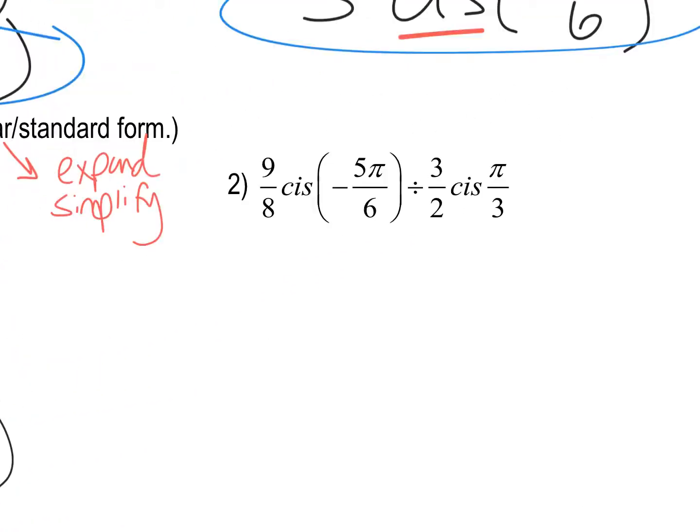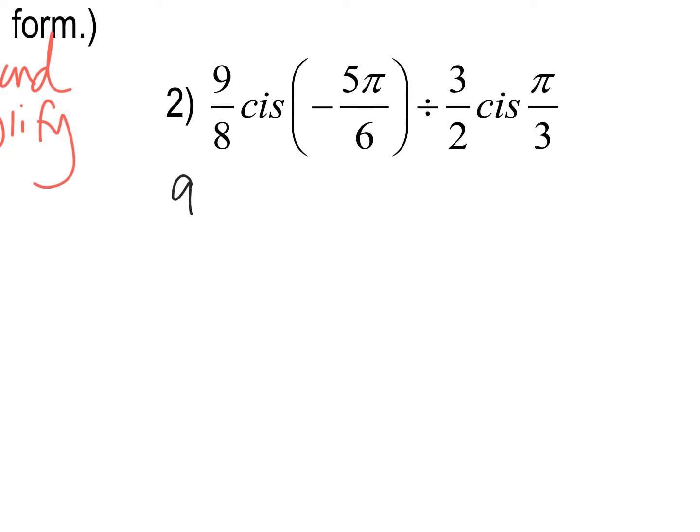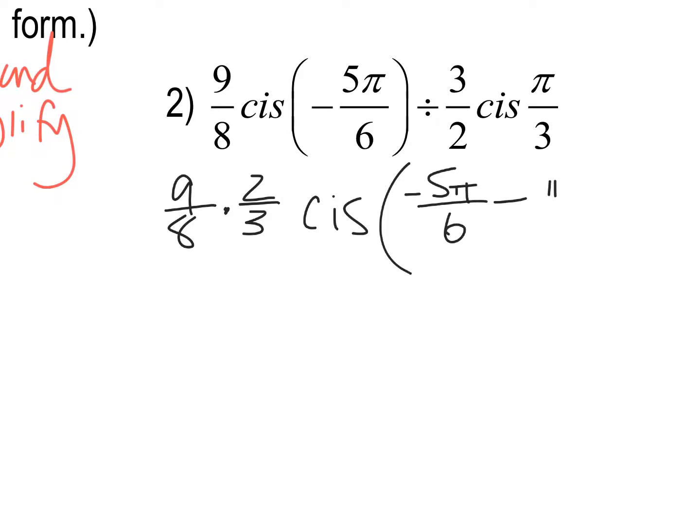It's another division one. So again, I'm going to take 9/8 divided by 3 over 2, which means flip and multiply by 2 over 3. When you divide by a fraction, that means flip and multiply by the reciprocal. Then I have cis, and I need to subtract my theta. So -5 pi over 6 minus pi over 3. Again, I can change this into a common denominator.